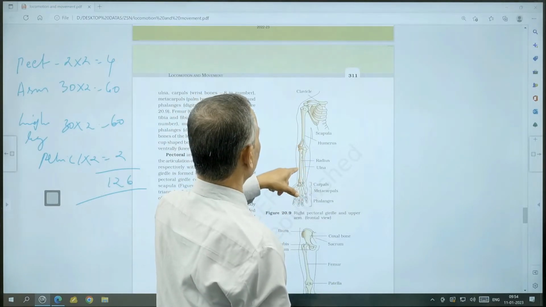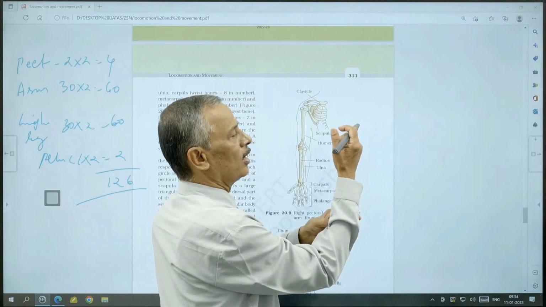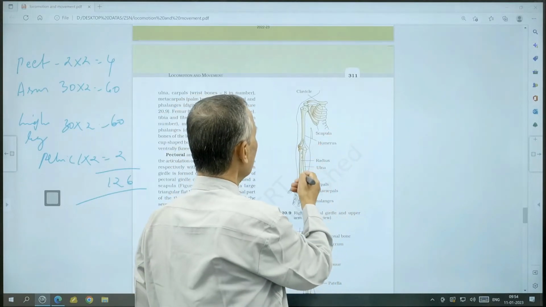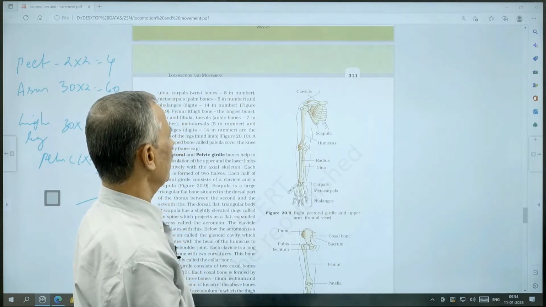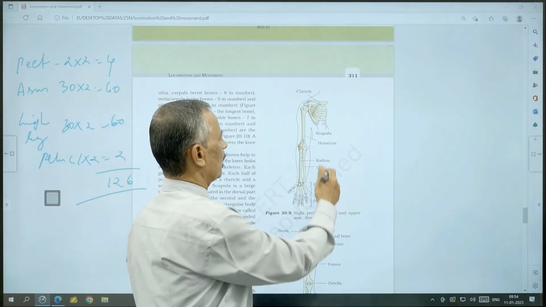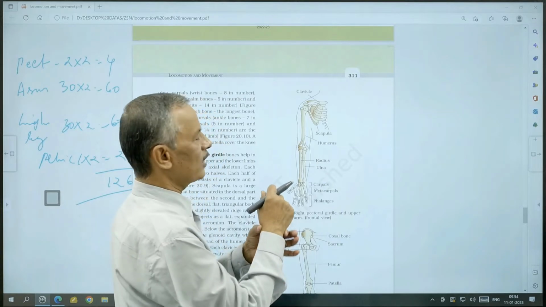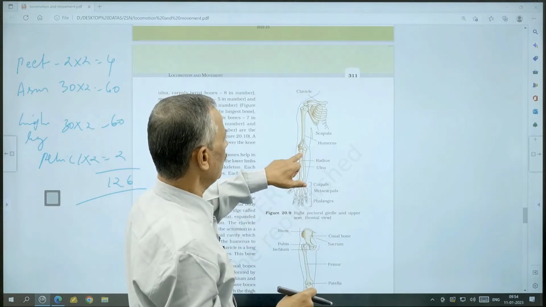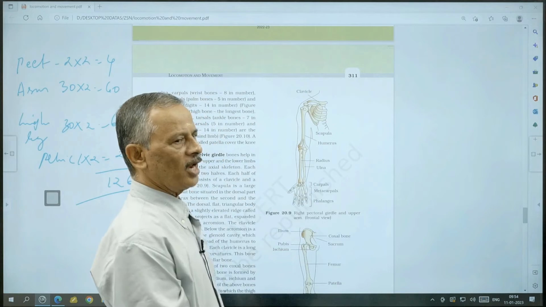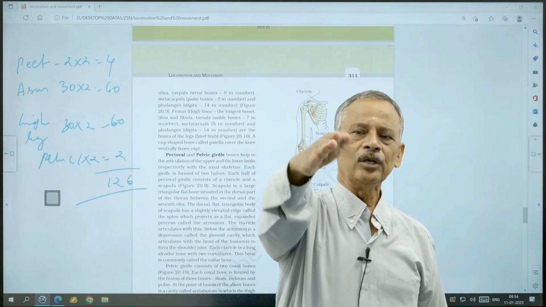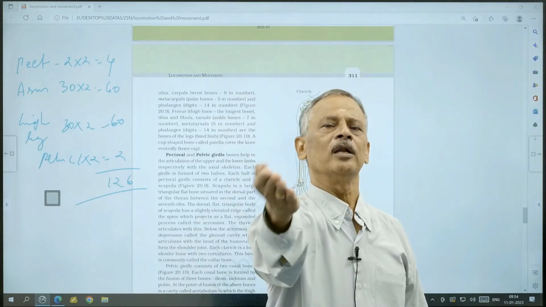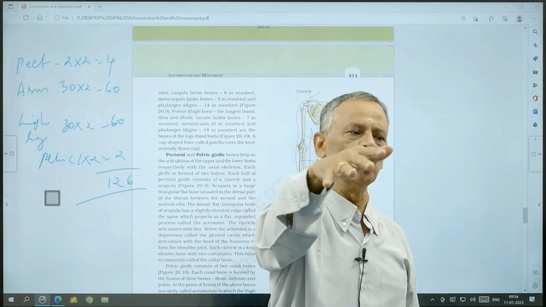Ventrally, it is connected to the bones of the forearm. The forearm has two bones, an inner small radius and an outer ulna. The radius and ulna are attached only at their ends, and because of their particular arrangement, we can turn our hand into two positions.